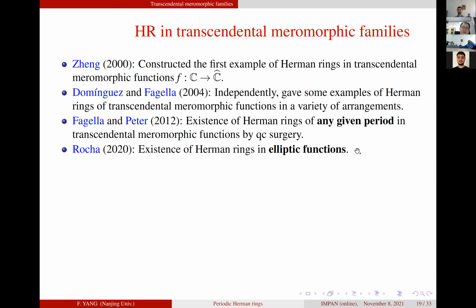These are very special transcendental meromorphic functions, doubly periodic meromorphic functions, and she can prove Herman rings can exist in this kind of meromorphic function, but it's very hard to draw a picture of a Herman ring in this family. Even for period one, it's very hard to draw a picture.